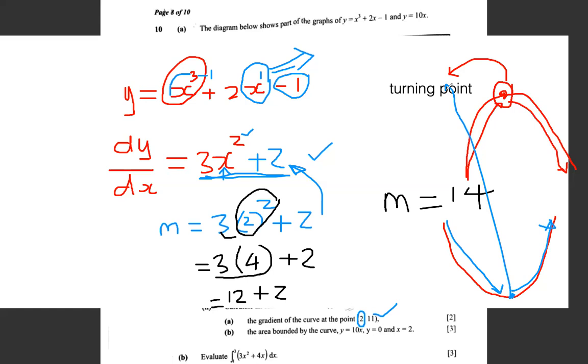Now there's something that you need to know. At the turning point, the gradient is 0. So meaning, if the gradient is 0, when you find the dy/dx, the gradient function that you find must be equated to 0, because the gradient is 0.